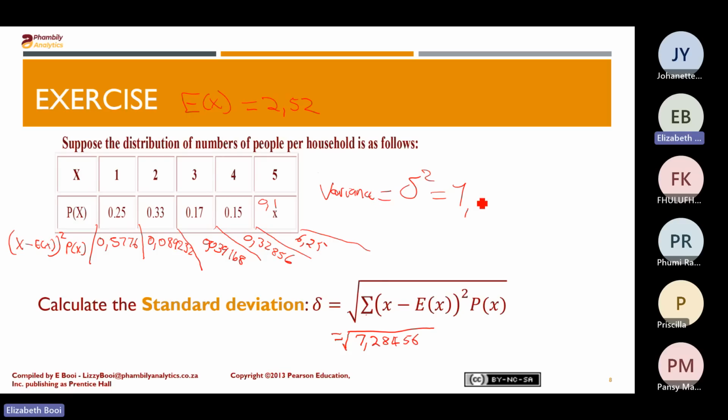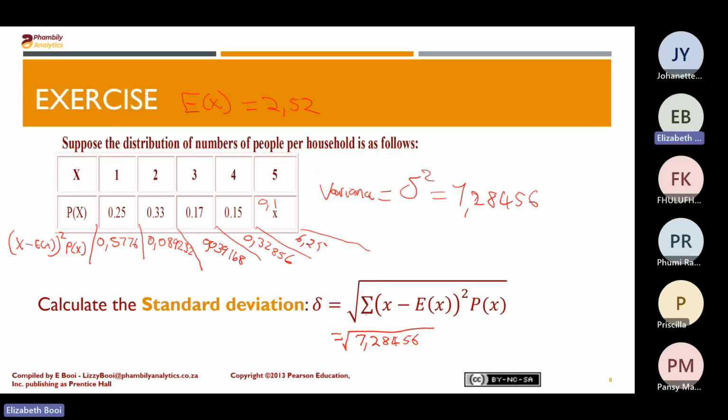So we calculated the variance, it's 7.2845.